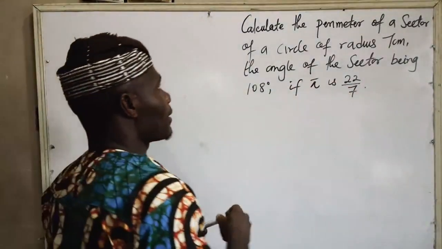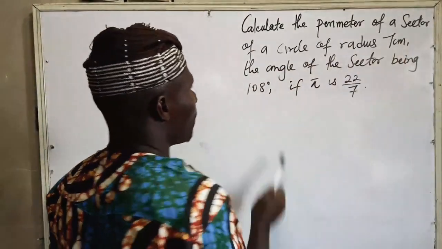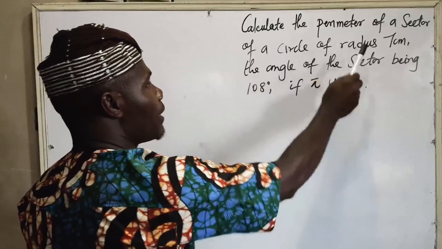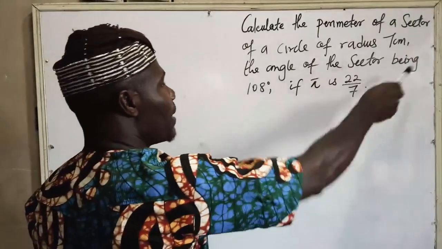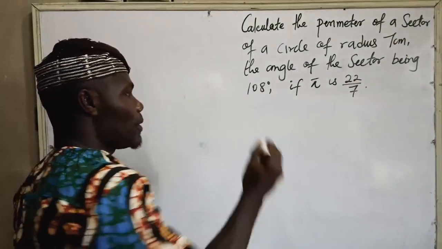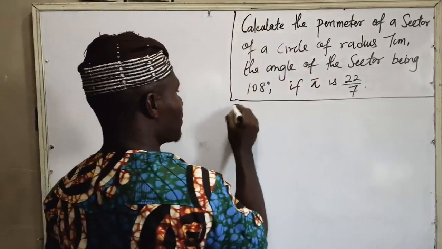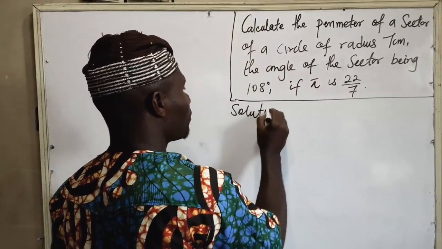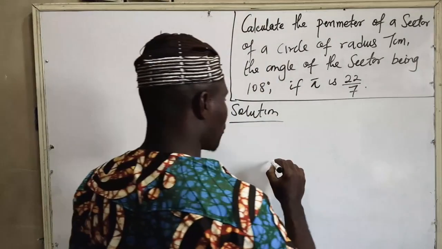The question says: calculate the perimeter of a sector of a circle of radius 7 centimeters, the angle of the sector being 108 degrees. So let's try to solve this. Let's try to draw the sector the question is talking about.